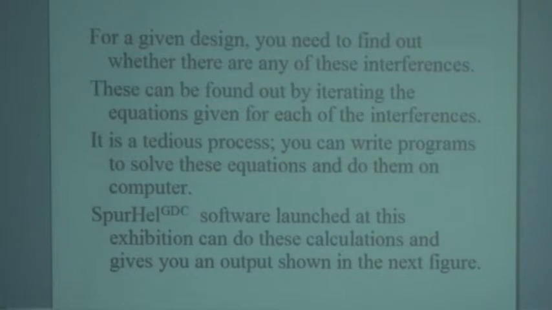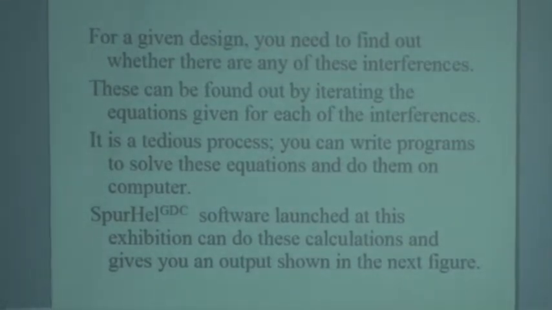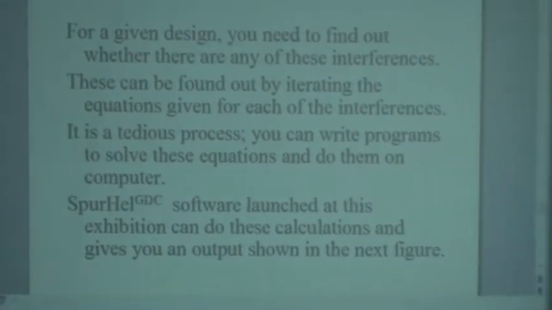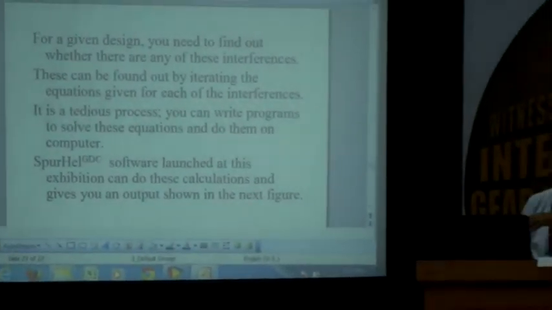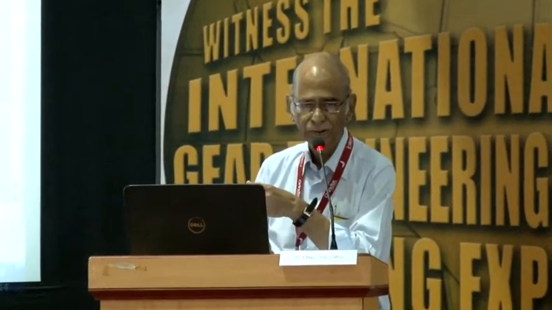Now you have a certain design and you need to know whether it has any of these interferences. You can use this formula to find that out. I have launched at this exhibition the gear geometric calculation software, where these can be taken care of, and you will get the display showing what should be the choice of your addendum modification coefficient.